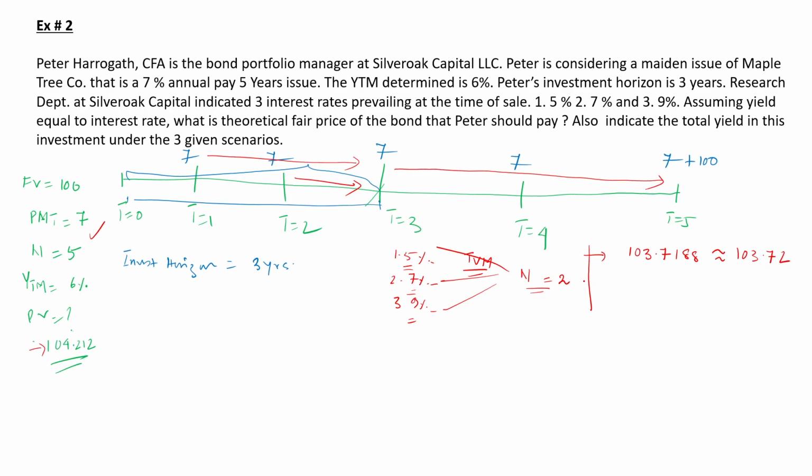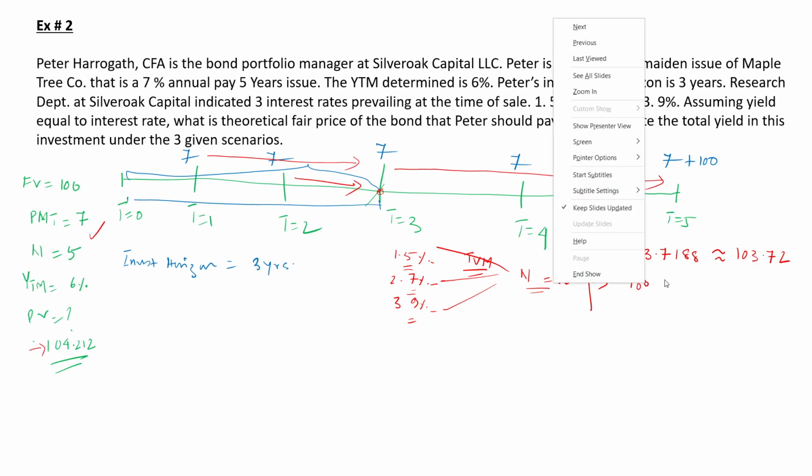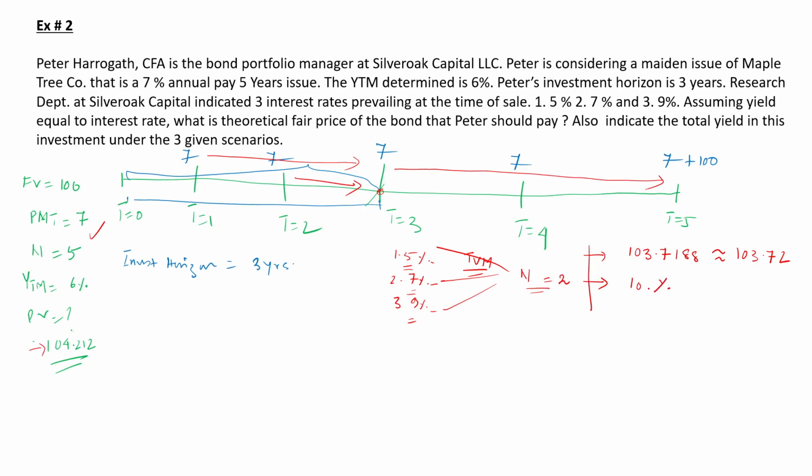Under the interest rate expectation of 7%, the value of the bond at the end of 3 years will be 100%. And for this, obviously, you need not do any calculation whatsoever, because here the market interest rate at the end of the 3 years for the next 2 years is exactly equal to the coupon rate. So there is just no need to do any calculation.